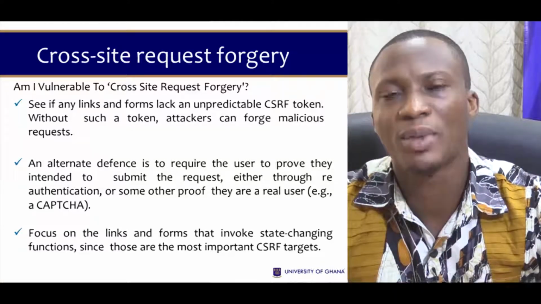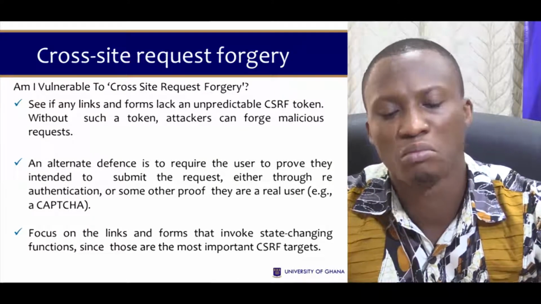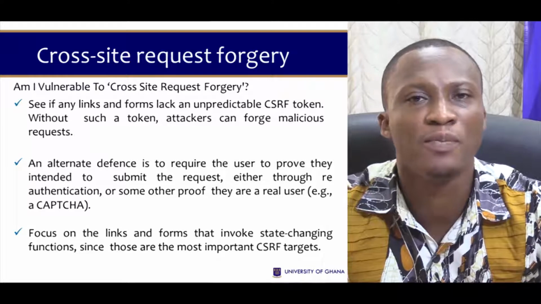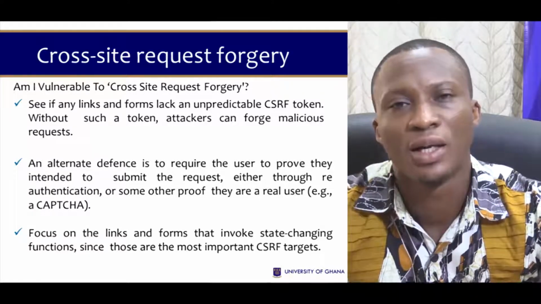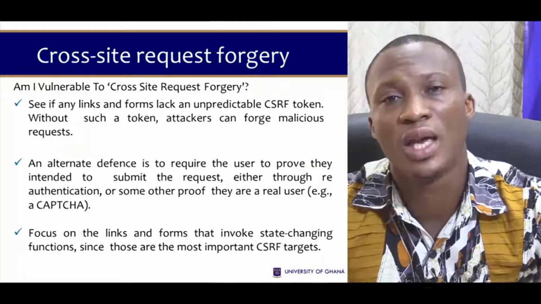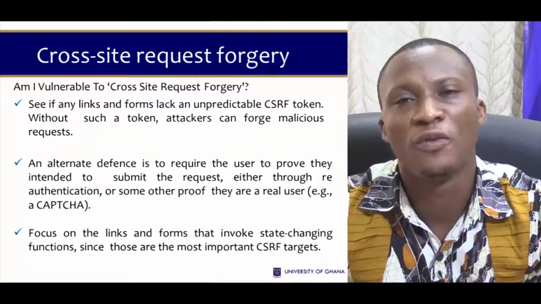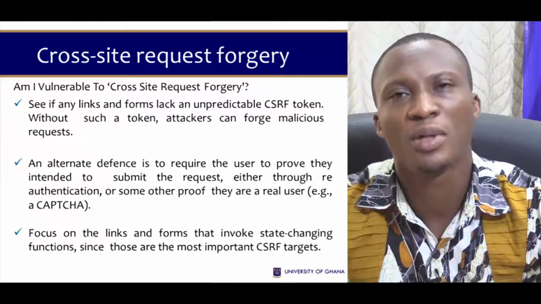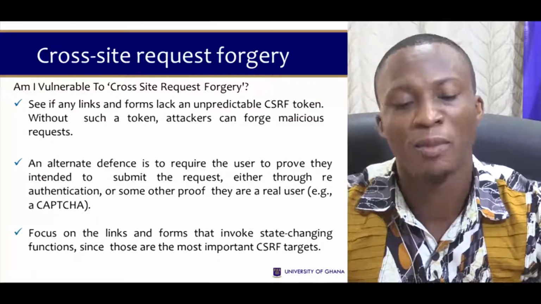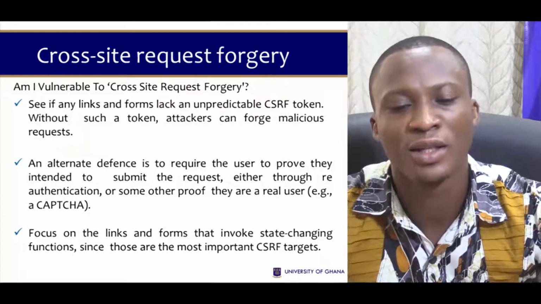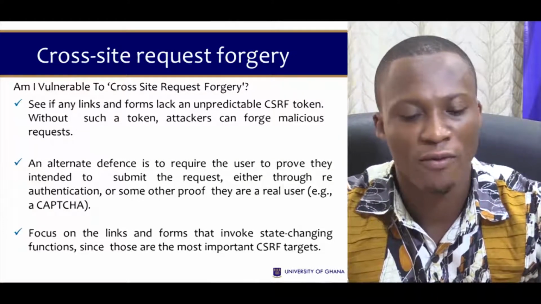Now, some sites also make you fill in some forms, for example, what is called a CAPTCHA. Once you fill that in, some people say it is to determine whether you are a robot or a human being, but that's one form of checking against cross-site request forgery.